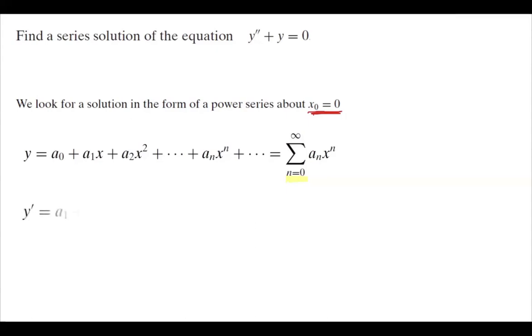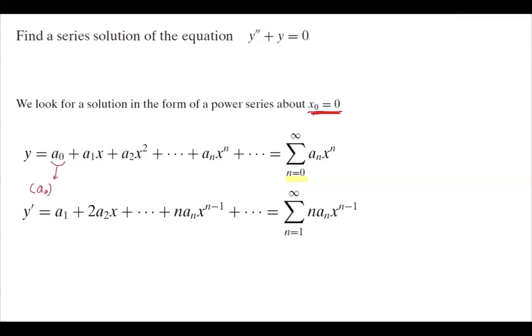So what's the first derivative of this power series? You take the derivative term by term. The derivative of a sub 0 disappears; it is 0.